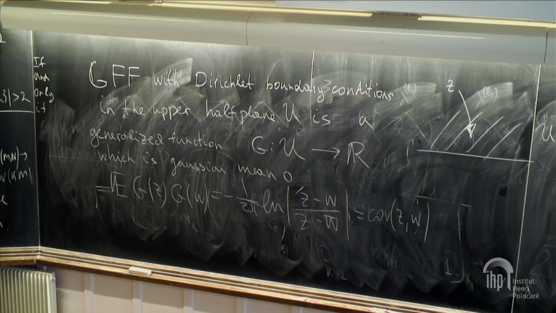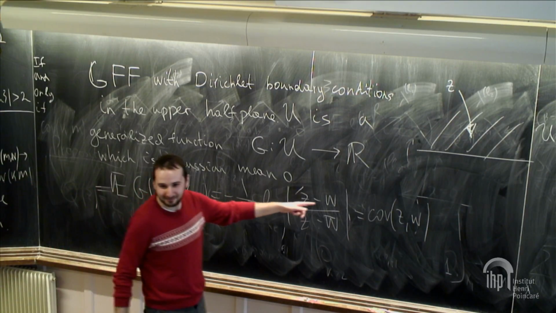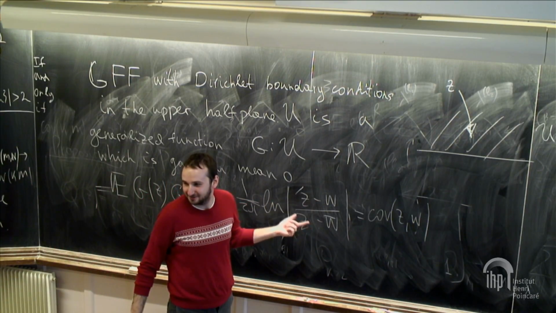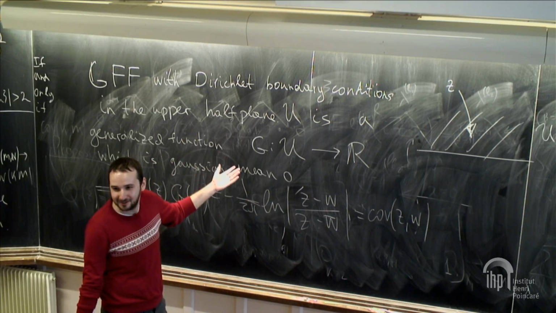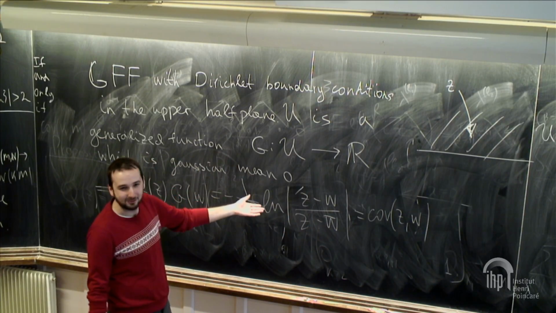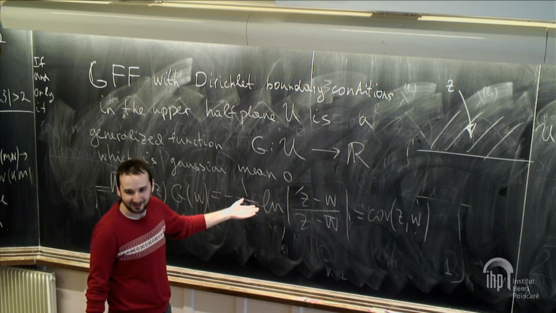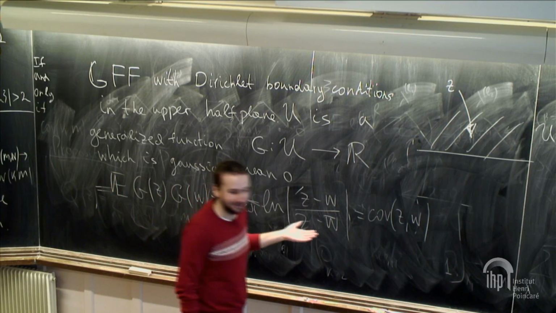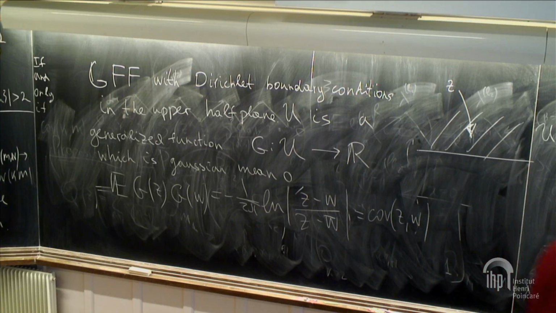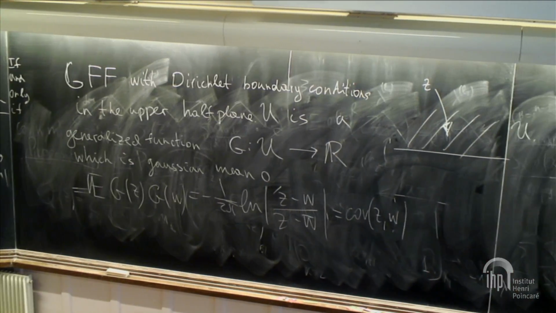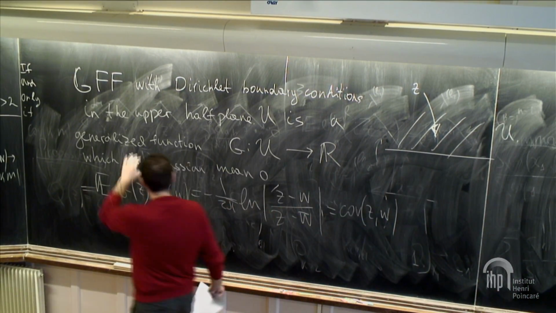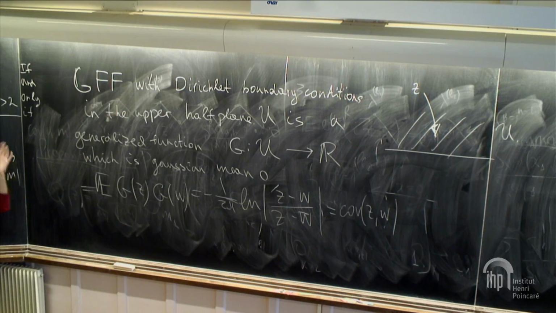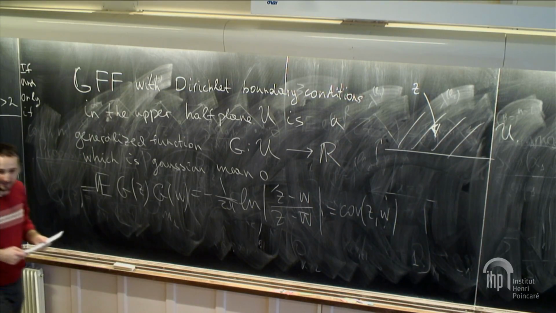Yes, Valentin notes that when z equals w, this clearly goes to infinity. So what is the variance of your field if the formula gives you infinity? Something goes wrong here, because a Gaussian random variable cannot have infinite variance. Anyway, you said it was a generalized function. The answer is in this word, generalized, which I never explained.